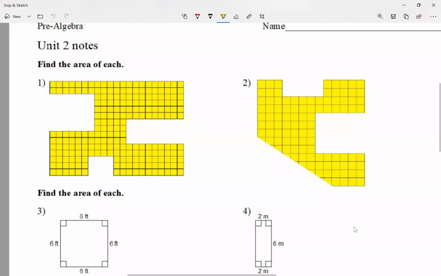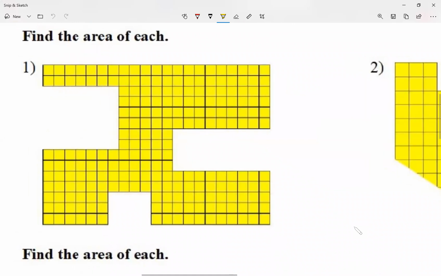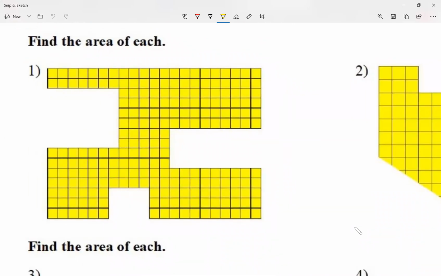So here, question number 1, I'm literally going to ask you to count the squares. Let me count the squares. So I have 1, 2, 3, 4, 5, 6, 7, 8, 9, 10, 11, 12, 13, 14, 15, 16, 17, 18, 19, 20, 21. So I have 21 here.